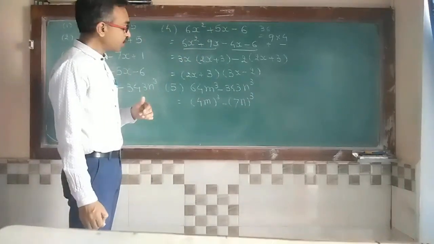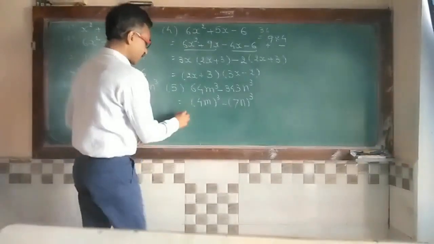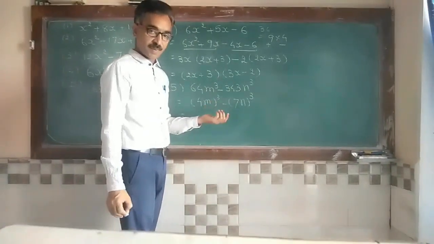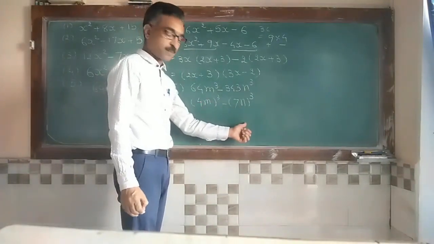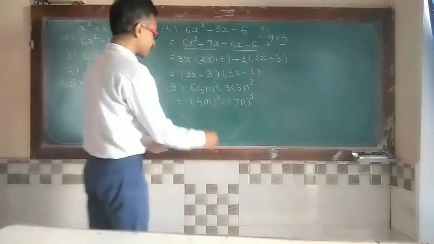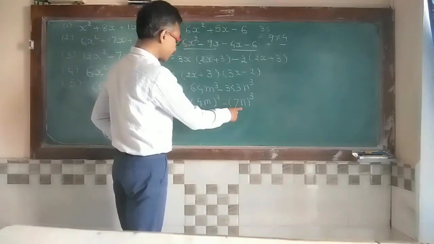Now remember our formula, a cube minus b cube. That means a minus b into another bracket, a square, minus is there, so you have to put plus, a b plus b square. Same thing here, a is equal to 4m and b is equal to 7n.